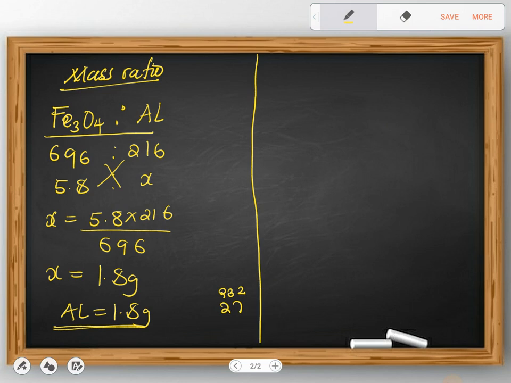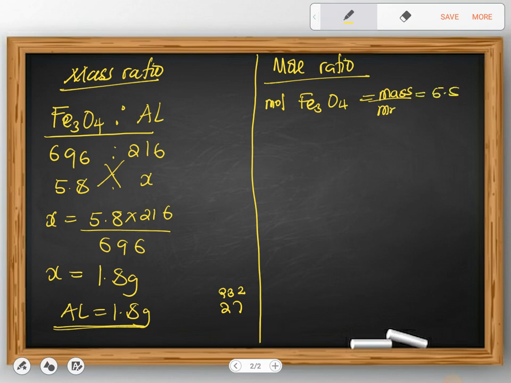Under the mole ratio method, we first have to find the number of moles of the given mass, which is the number of moles of this guy. Number of moles is equal to mass over molar mass. The mass is 5.8.